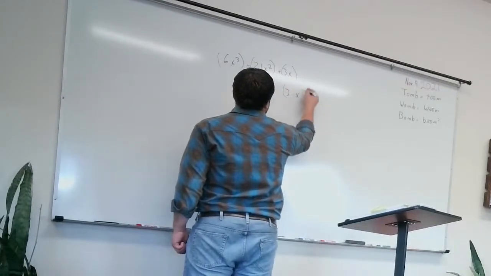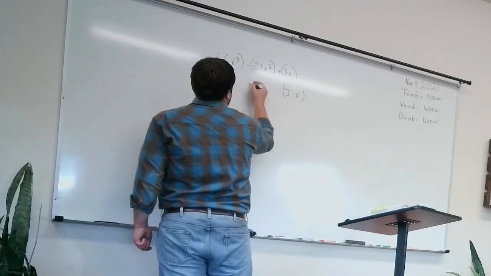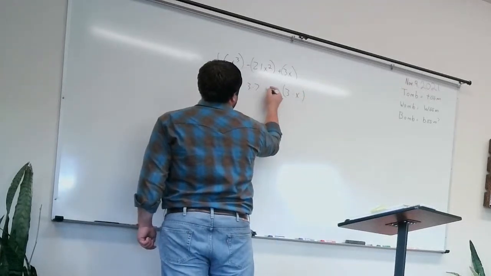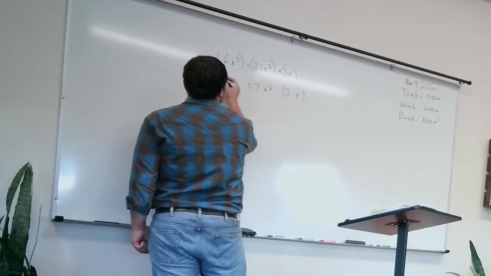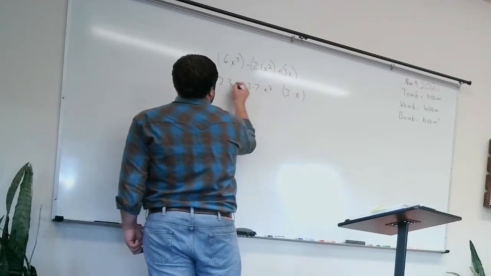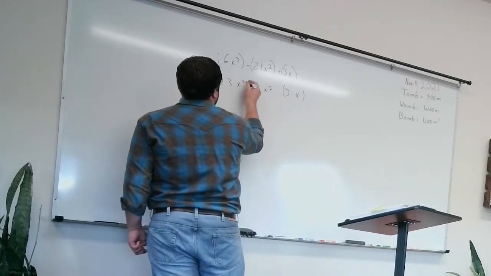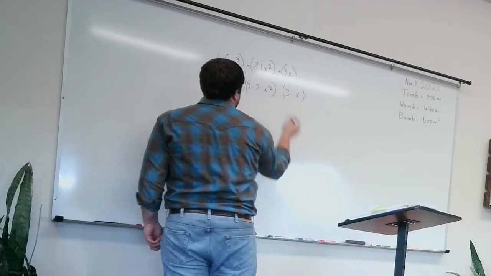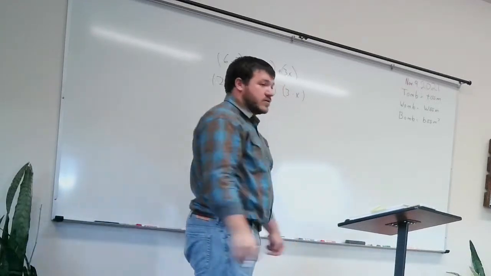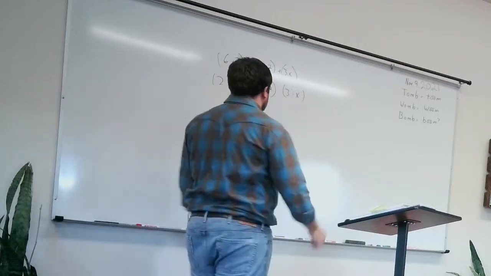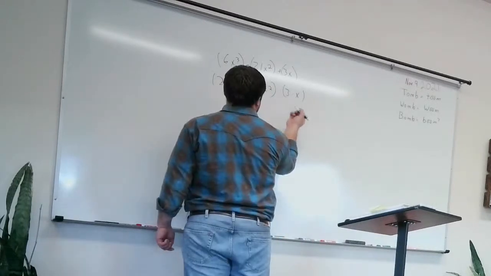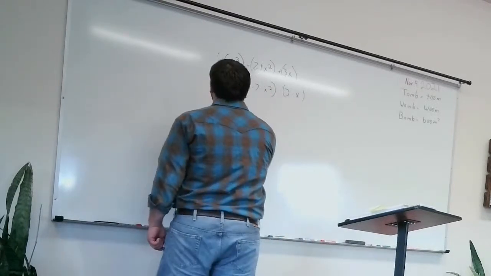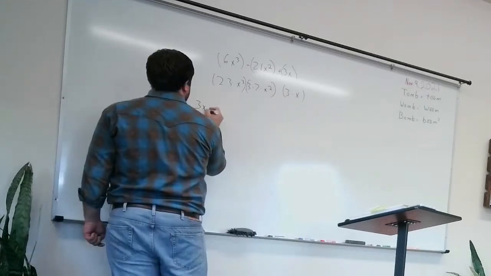Factors of 21x squared are 3 and 7 and x squared, and for 6x cubed we list its factors. Now we have to find the common factors. The common factors here are 3 and x, so we'll write those over here. 3 and x are common factors.